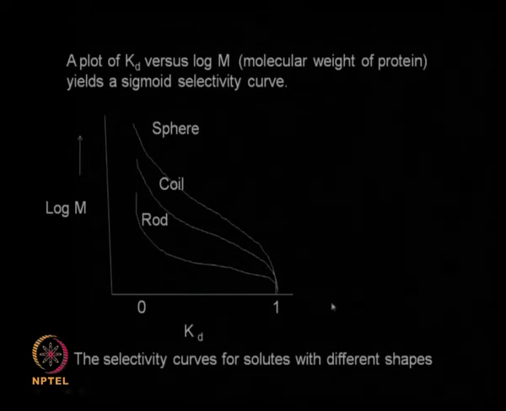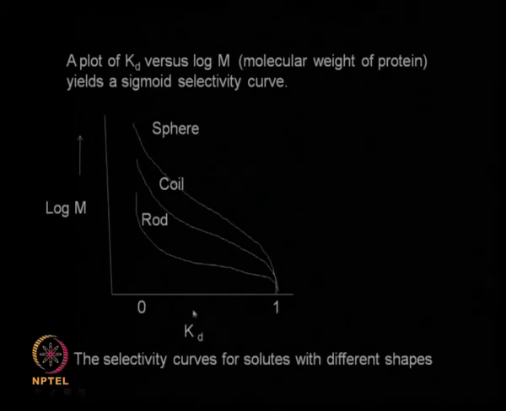So this particular plot tells you how the molecular weight of the protein behaves as a function of Kd for different shapes. If you have a spherical shaped material, the logarithm of molecular weight versus Kd will appear like this, whereas if your protein is like a coil, then it will appear like this. If it is like a rod, that means one of the dimensions is much smaller whereas the other dimension is very large, then you are going to have a relationship of this form.